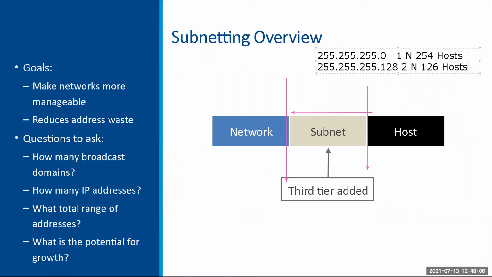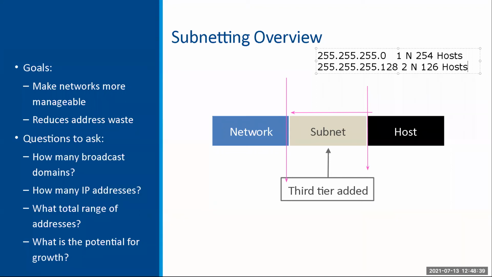Once again, the total number would be 256 minus 2, yielding 254, because all zeros in the host field and all ones in the host field belong to the network and broadcast, respectively. So with two networks, we now have two all-zeros and two broadcasts for those spaces. So the number would be 126 hosts.